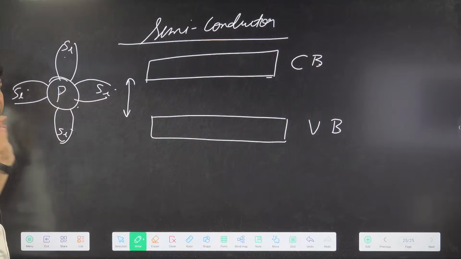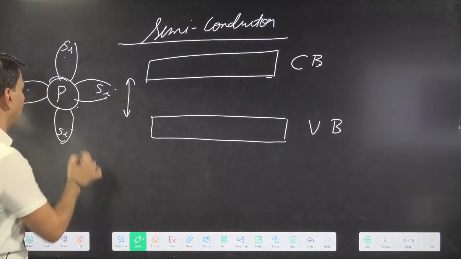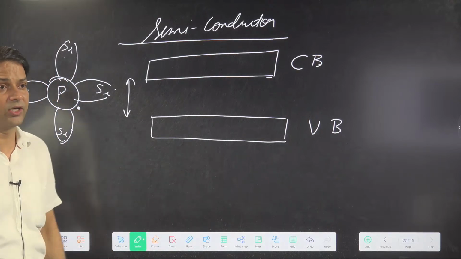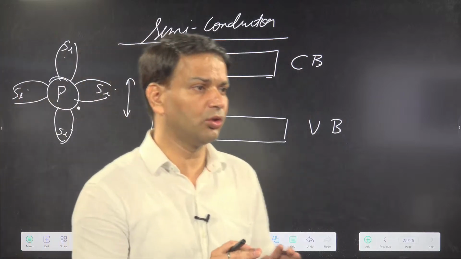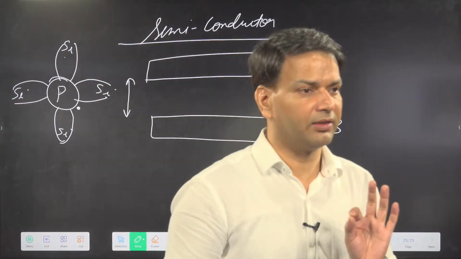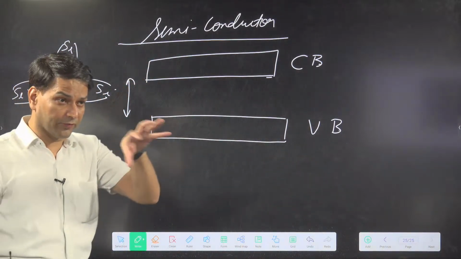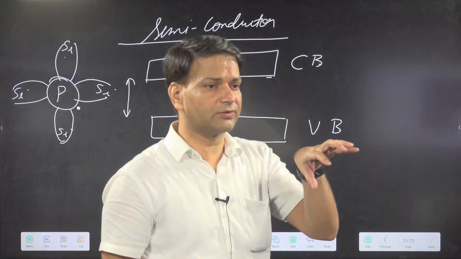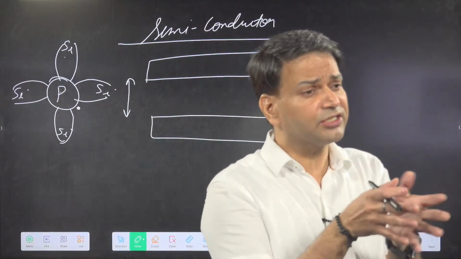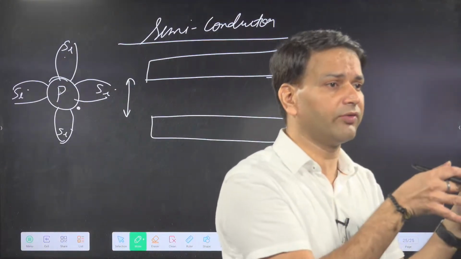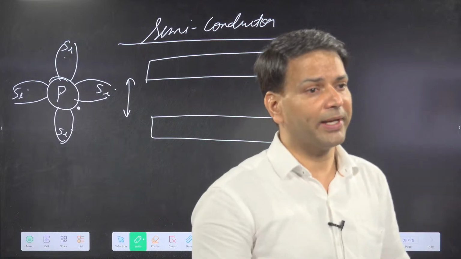Suppose I added phosphorus. One electron will not make a covalent bond, but it is not completely free. One more thing you have to remember: the fifth electron of the phosphorus is not a free electron. It is still bound to phosphorus, but it is not making a covalent bond.